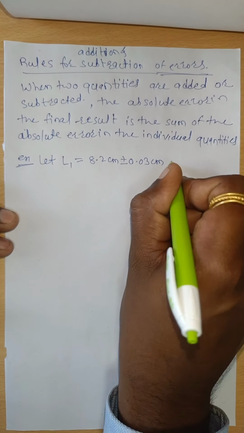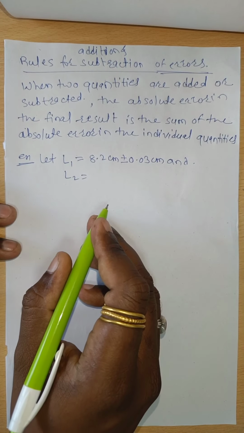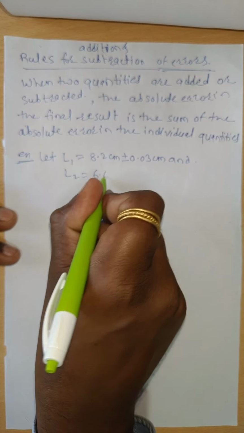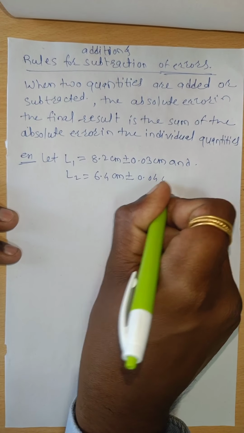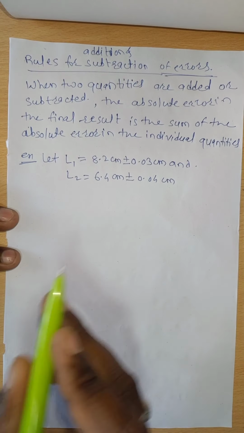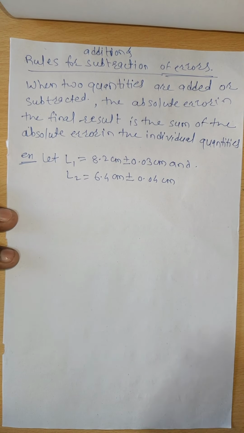And another rod has a length L2, which is equal to 6.4 centimeter plus or minus 0.04 centimeter. L1 is one rod and L2 is the other rod.